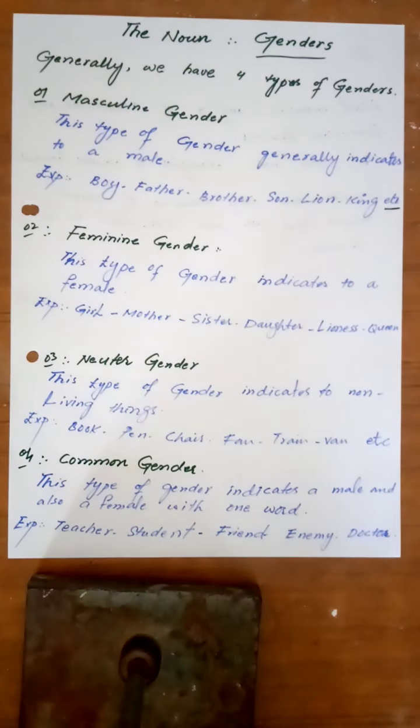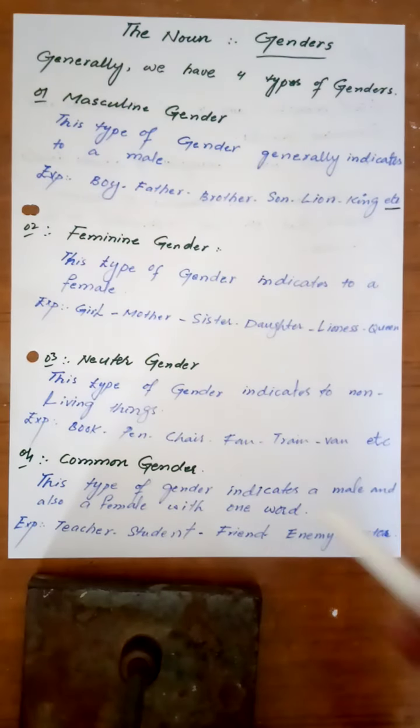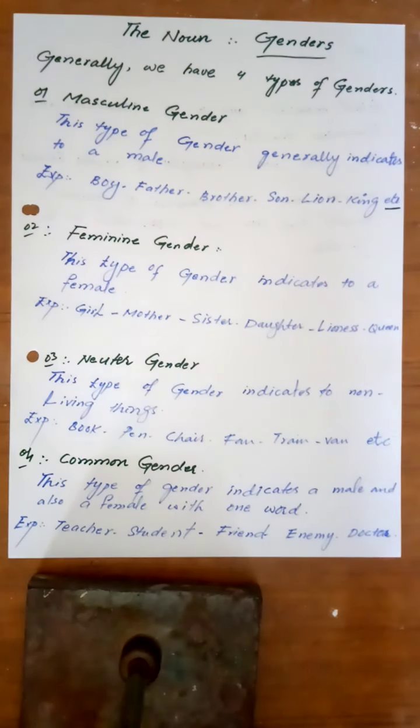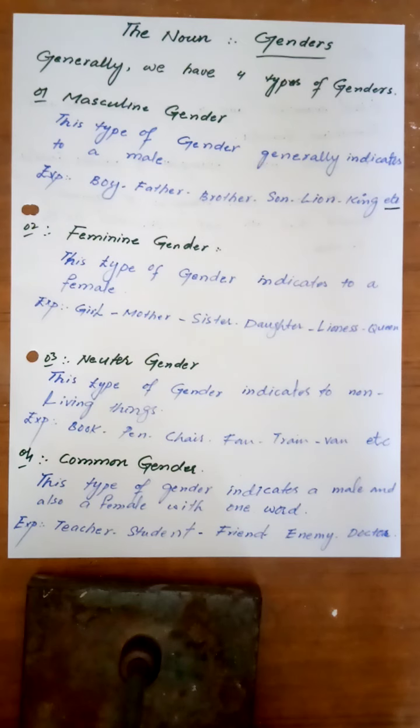Number 3, neutral gender, that generally defines non-living things, and examples are given to you. And number 4, that I told you is typical because it indicates both masculine and feminine with one word, can be called common gender.